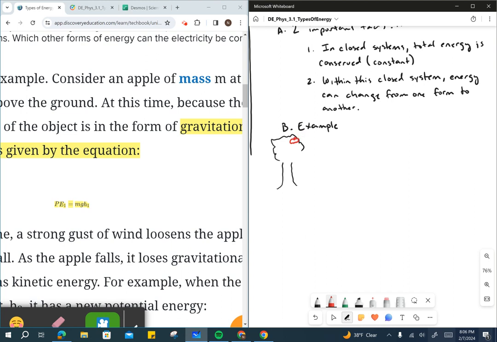Right, we have an apple, and it's at a certain height. Height 1. Okay. So we could go ahead and say that the potential energy for this system, potential energy at this height, is the mass times the gravity times the height at height 1.